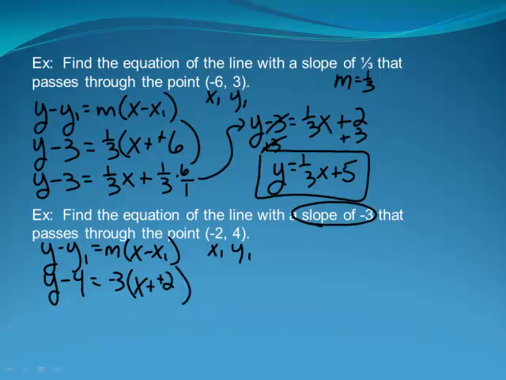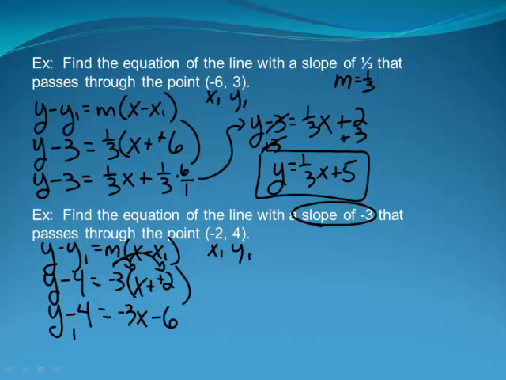Here, minus a negative is the same as adding a positive. So we've got y minus 4 is equal to, if we distribute our negative 3, negative 3x, negative 3 times positive 2 is a minus 6.